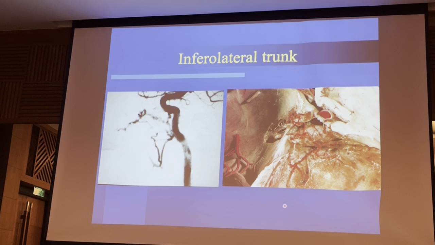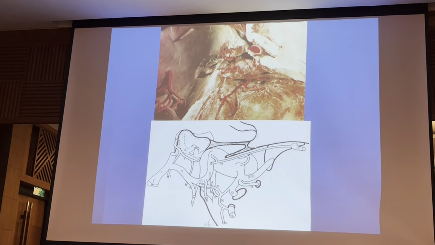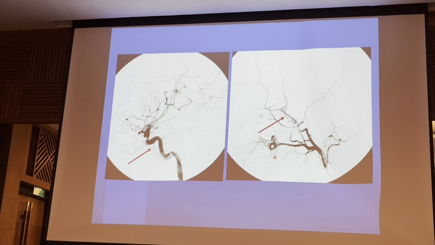So the inferolateral trunk is a remnant of the dorsal ophthalmic artery. This is Pierre's drawing showing the artery of foramen rotundum, accessory meningeal, and middle meningeal anastomosis with the inferolateral trunk. Sometimes you may see a branch going to the superior orbital fissure to the orbit.